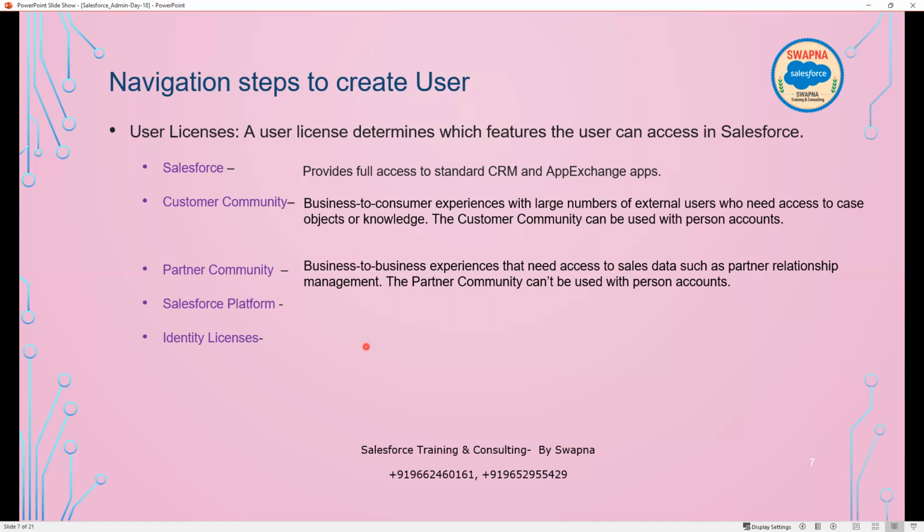And the next one is Salesforce platform. Now, there are two licenses: Salesforce license and Salesforce platform license. The Salesforce license is full access. The Salesforce platform license is just a Lightning platform license, and we will provide only custom object access. We will not provide any standard objects, that means lead, opportunity, contact, case, campaign.